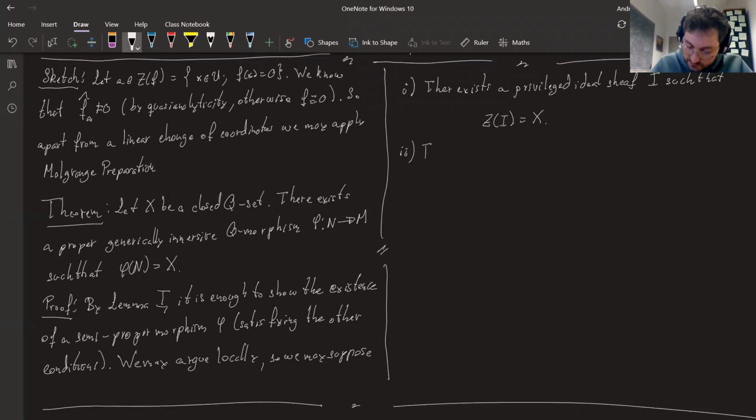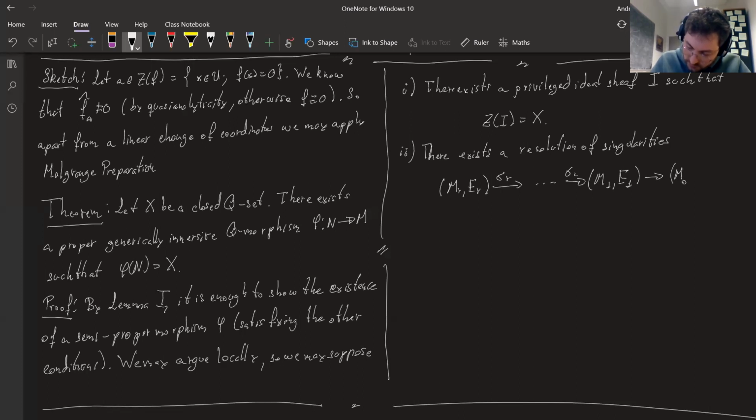And the second thing, there exists a resolution of singularities M_r, E_r, sigma_r, and so on down to M_1, E_1, M_0, E_0, and in this case here, we can even take M_0 equal to M, because we are able to argue locally, so we can always suppose that M is just a very small open set.